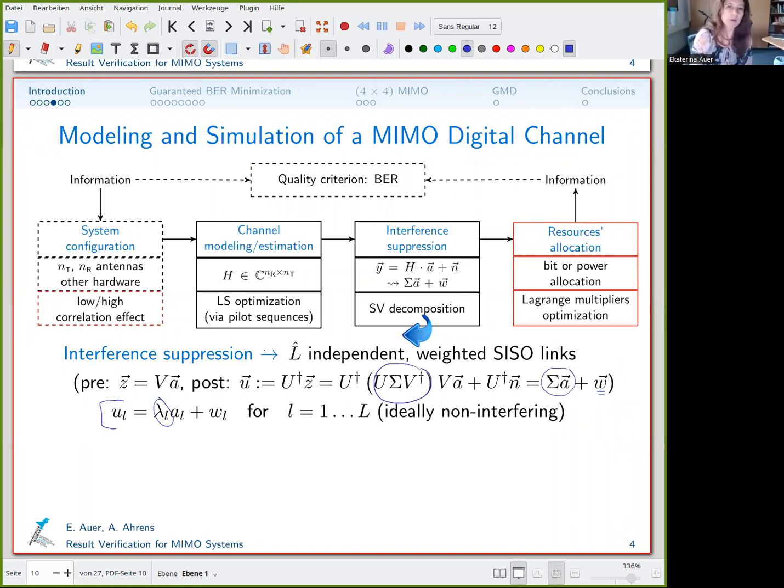This is something we would like to do, and which is done using the singular value decomposition.